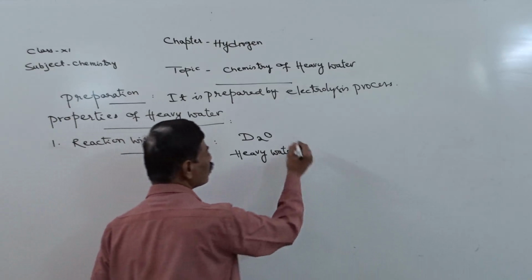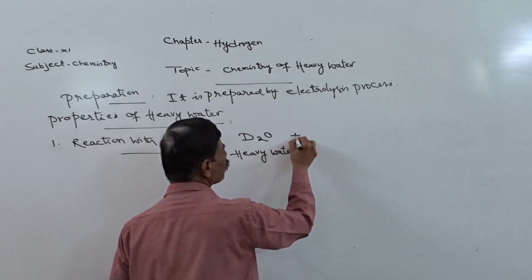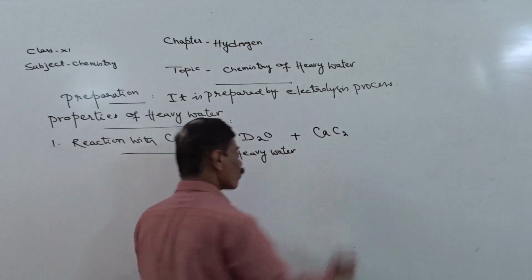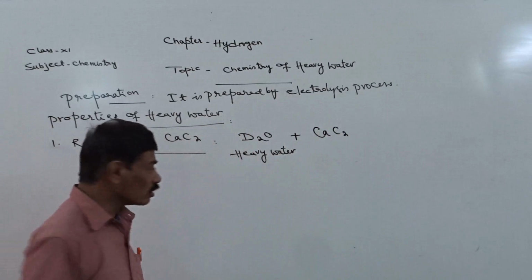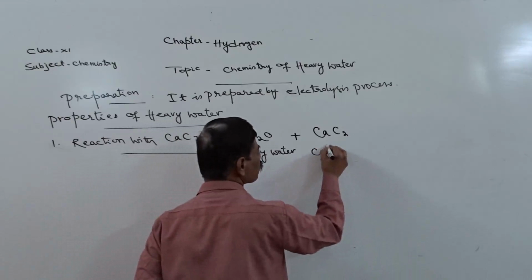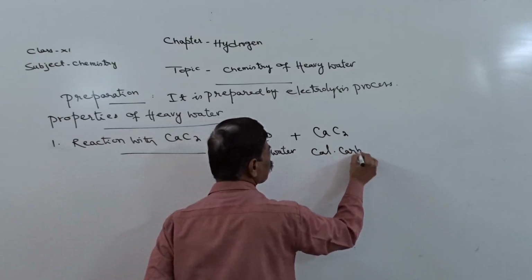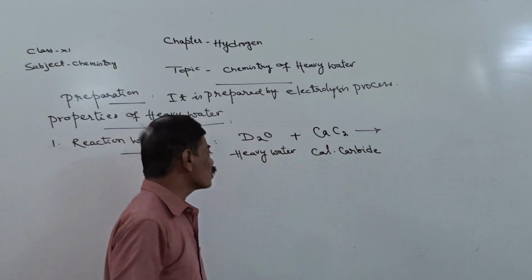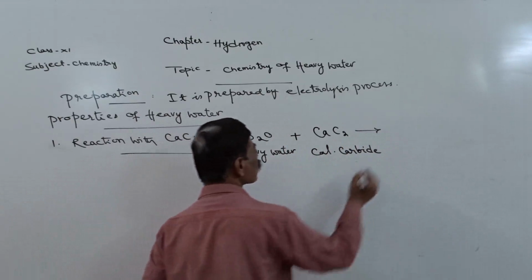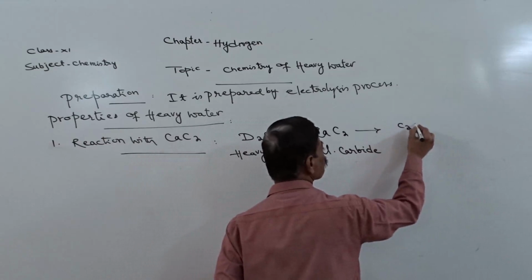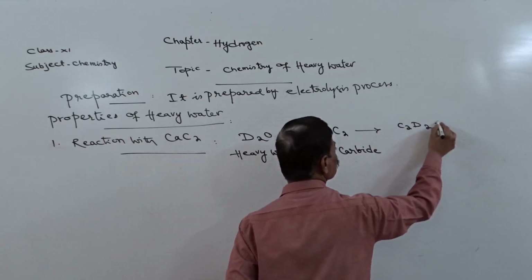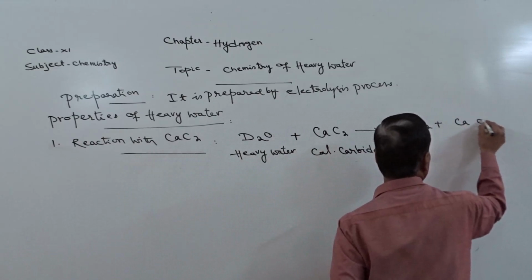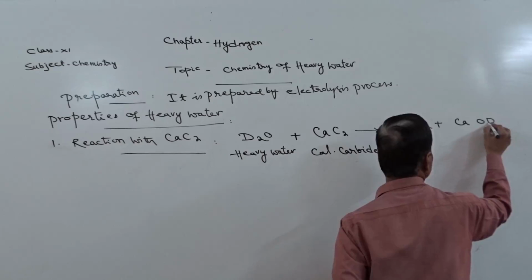So when this is treated with calcium carbide, CaC2 is called calcium carbide, then it gives rise to two important compounds. They are C2D2 plus CaOD twice.